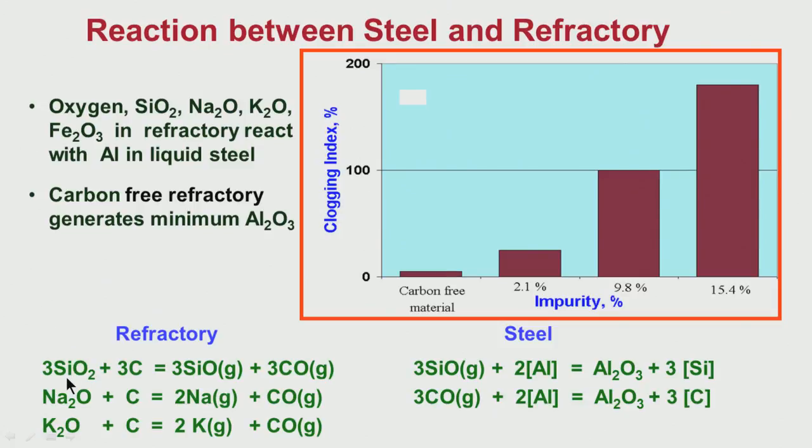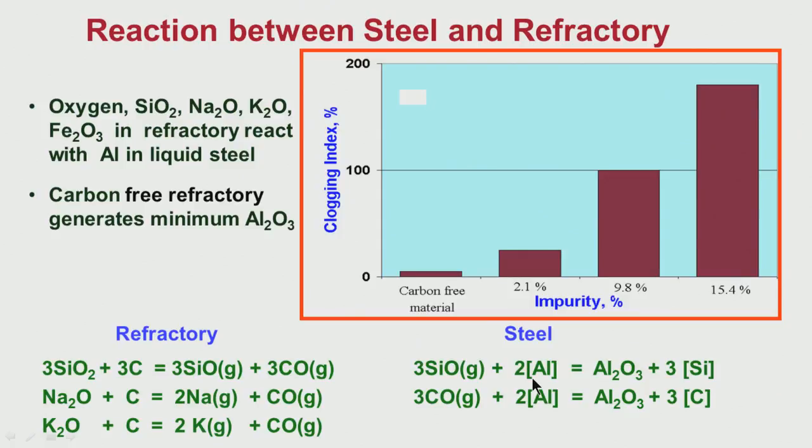Why? Because if you have SiO2, it will react with carbon of the refractory and will generate SiO and CO, these are gaseous constituents. Then this SiO will react with dissolved aluminum in liquid steel, because you have killed the liquid steel with aluminum. So, some amount of elemental aluminum will remain in liquid steel always.